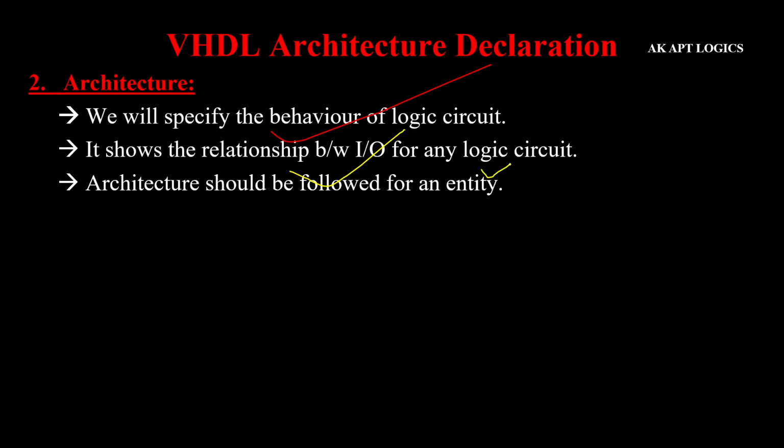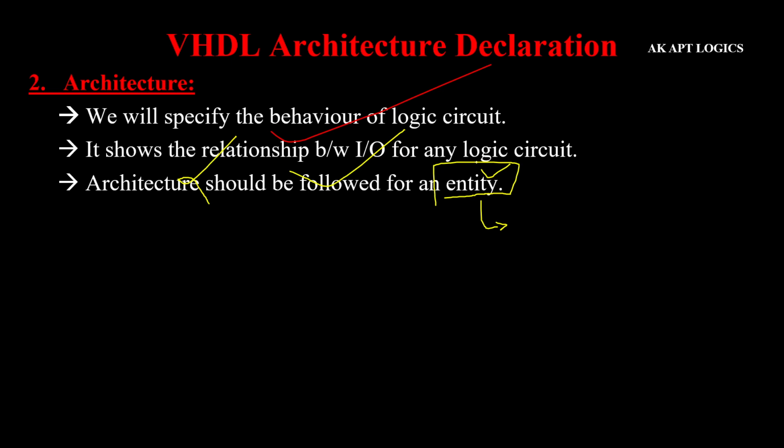It means for the inputs and output names that we declare in the entity, only those names we have to use in the architecture, and then we form the relation between them. It must follow the entity.